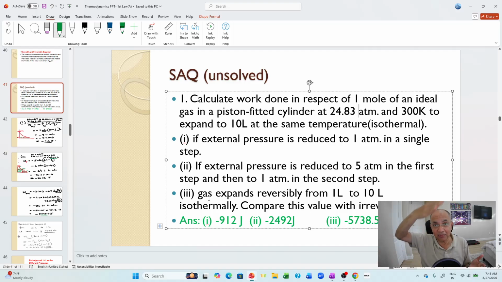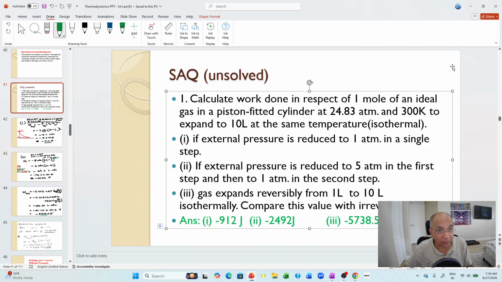That is the graph, that is a curve. You remember the formula for finding the isothermal, reversible expansion work or compression work, which is the same: minus 2.303 nRT log V2 by V1 or P1 by P2.